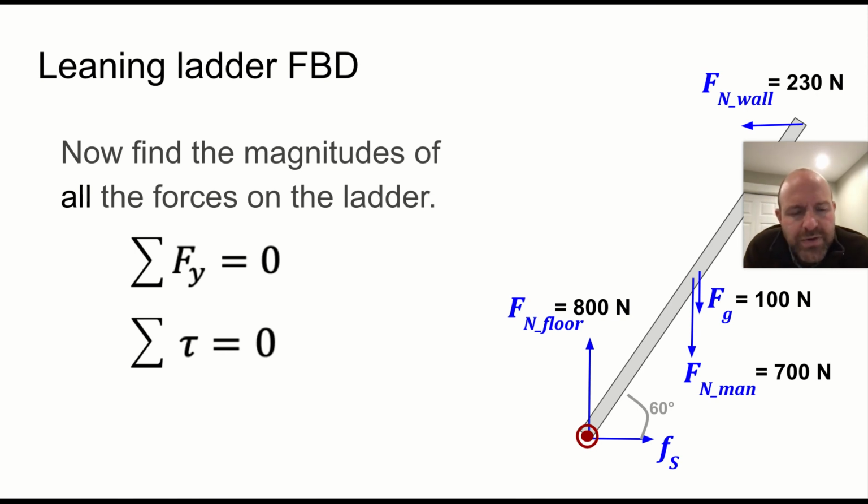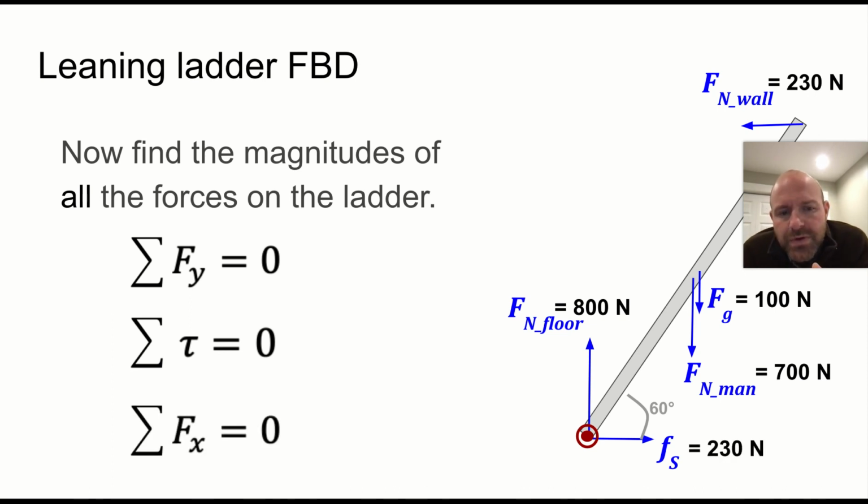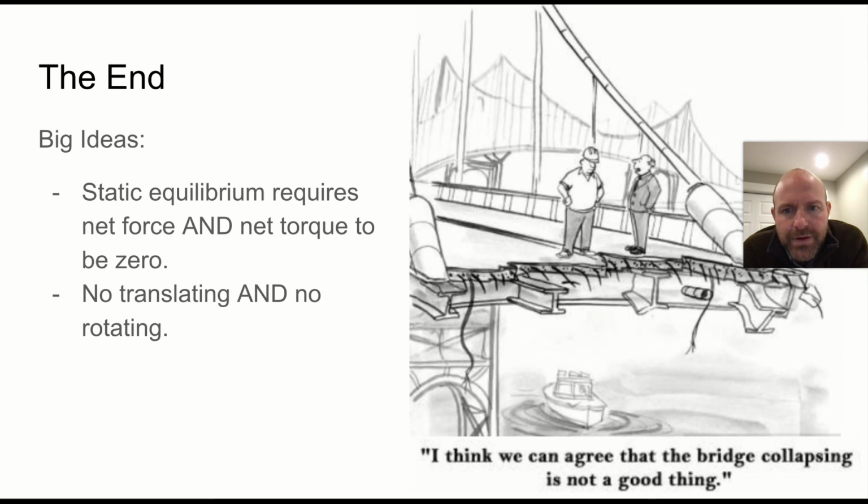I'm not showing all the math here, but that's basically saying that the force of gravity and the normal force from the man are providing a clockwise torque, and the wall is providing a counterclockwise torque. So we're almost done. The last force is the force of static friction. In order for this to be at static equilibrium, it must be providing an equal force to the right that the wall is providing to the left. So it's at equilibrium.